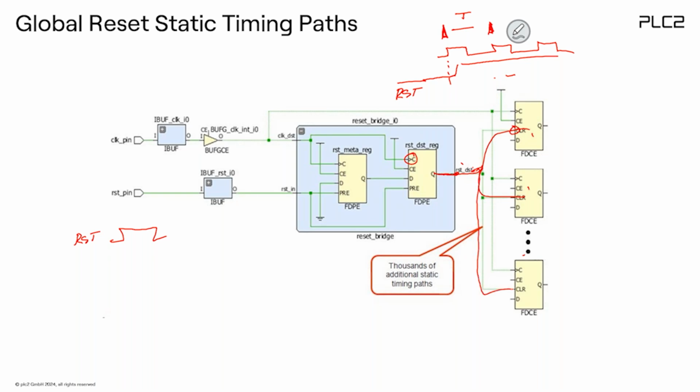It must run with, let's say, 100, 200 megahertz. Very, very strange and very hard requirement. So that's actually the disadvantage. If you have a big global reset, you end up with optimization of thousands of nets. Very, very bad. Don't do this. That's a disadvantage if you do a global asynchronous reset through a reset bridge.